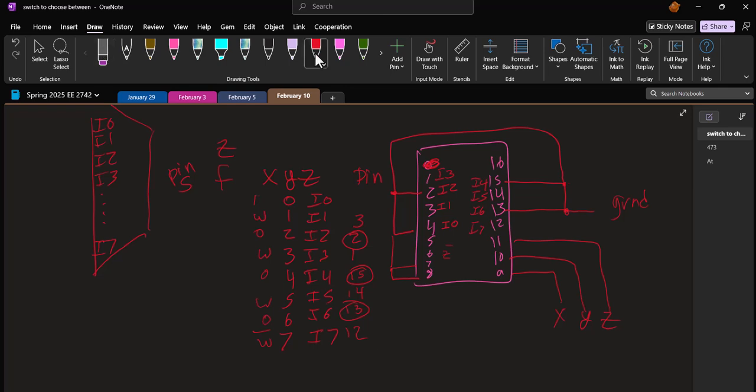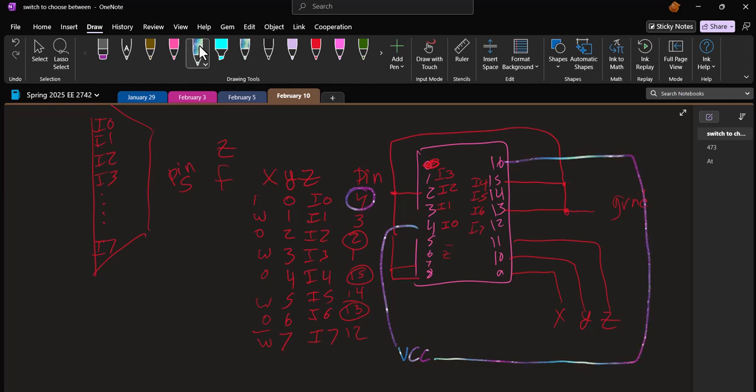4 should be VCC. 4 should be VCC. So VCC would be just 4. Just 4 is VCC and 16. Yeah.